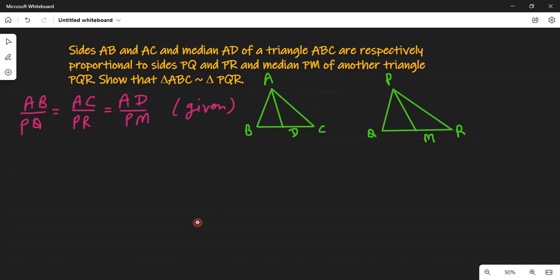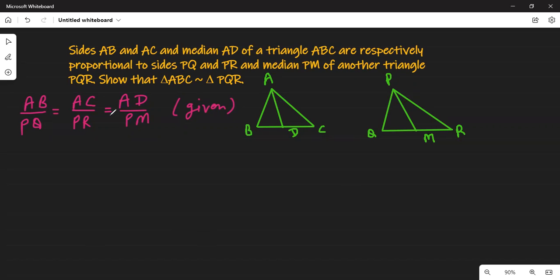If we could show angle BAC is equal to angle QPR, then by SAS, these two triangles would be similar. Well, to prove that, we will need to do a little bit of construction.